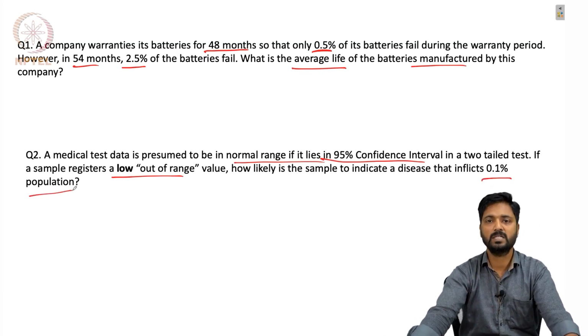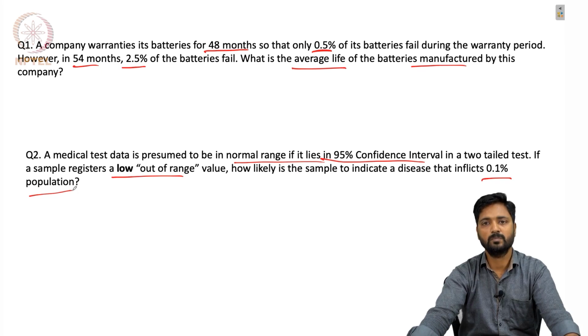So suppose there is a disease which we know through previous studies inflicts only 0.1% population, and in the patients who have this disease, there is a particular analyte whose value comes out to be low.